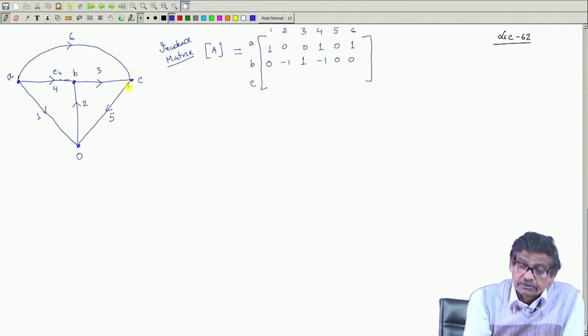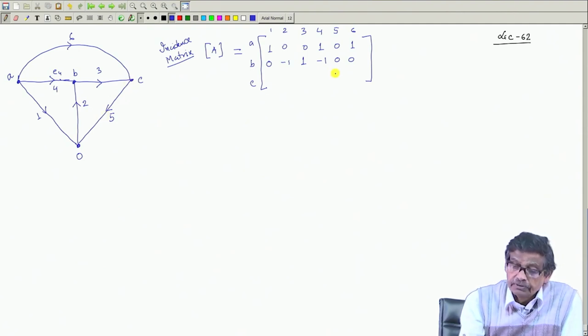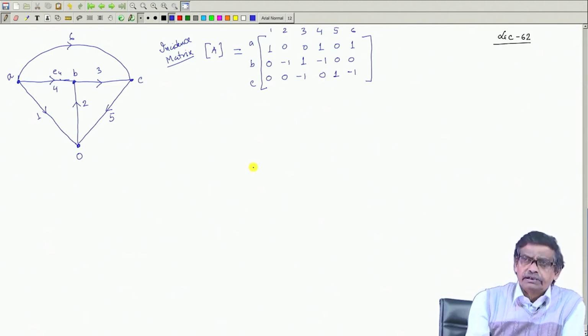Similarly, at node C, I5 is going out, so I5 will be +1, and 3 and 6 are coming in. This is how easily this matrix is written, and this is the reduced order incidence matrix.